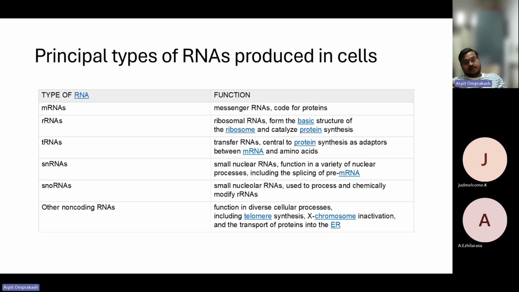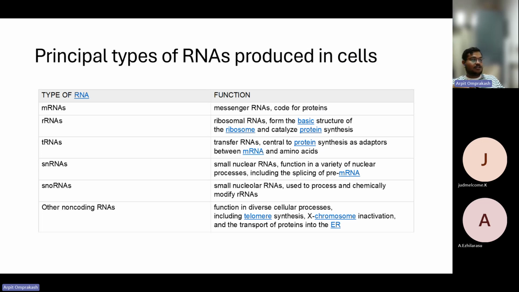So what are these different kinds of RNA that we have? The first thing is mRNA or messenger RNA, which codes for proteins. Next is rRNAs or ribosomal RNA, which form the basic structure of the ribosome and catalyze protein synthesis. We have tRNA or transfer RNA, which helps us synthesize proteins by acting as an adapter between mRNA and amino acid.